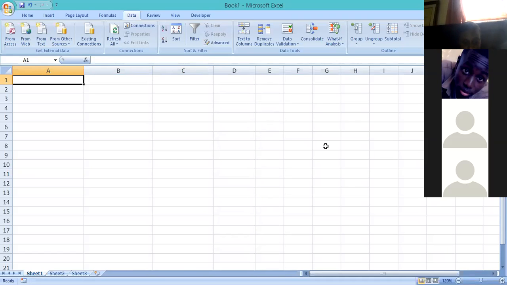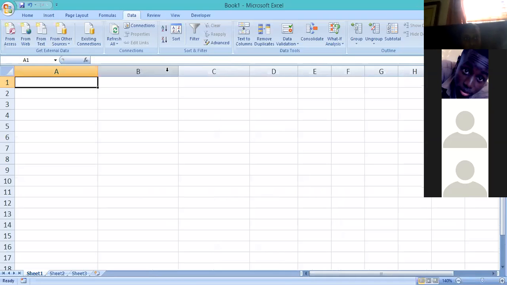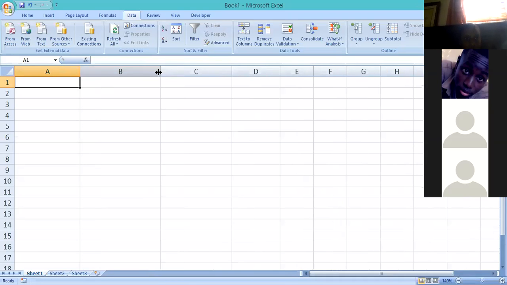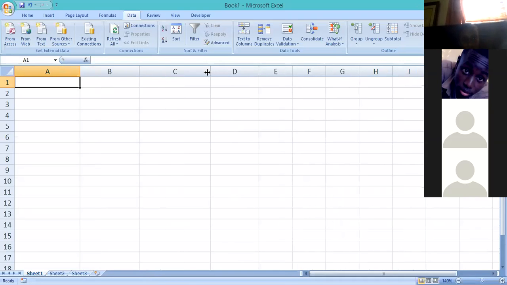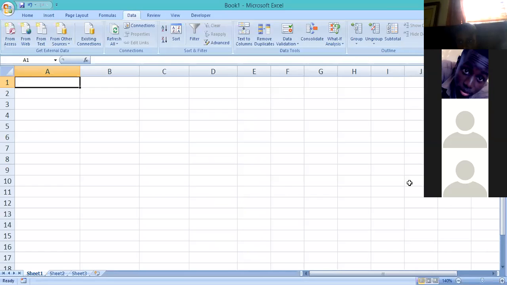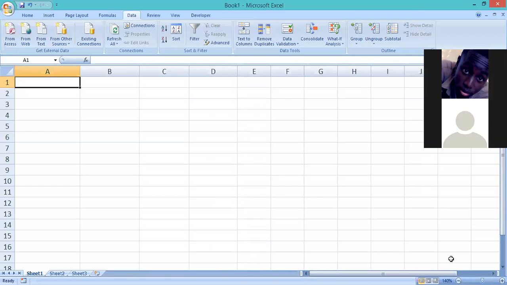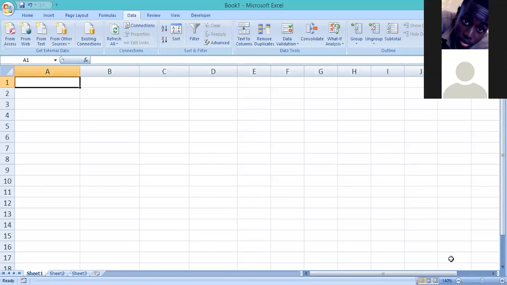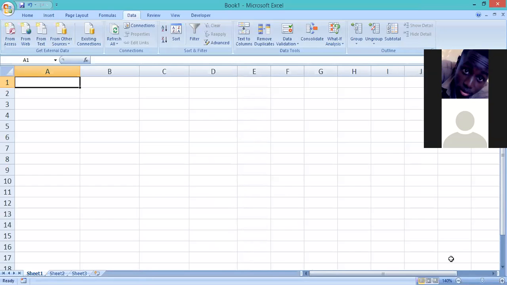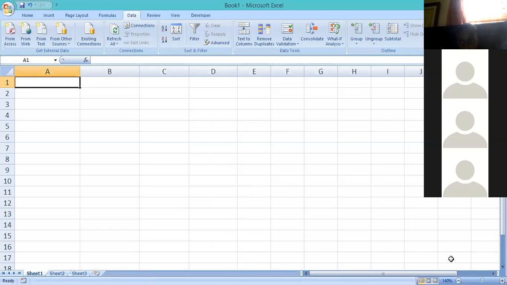Very good. What is the difference between a row and a column? Your microphone is very low. Macy? I'm hearing you better now.